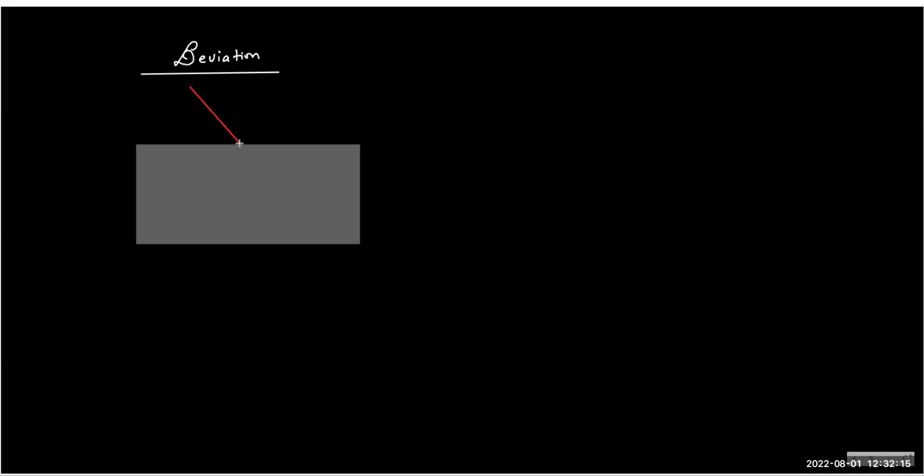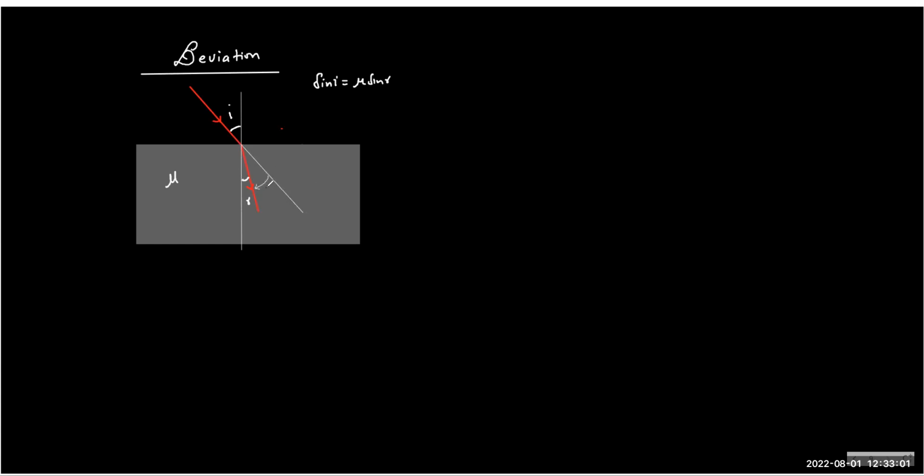So if the light is coming like this, and it goes like this after refraction, deviation simply means how much you have tilted or bent or turned from the actual path.